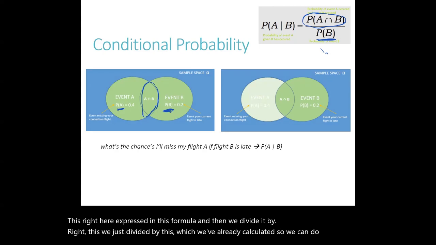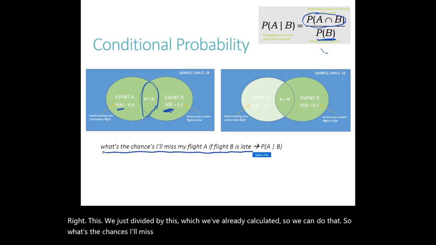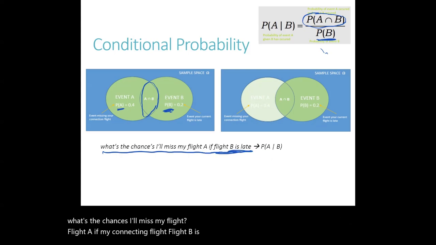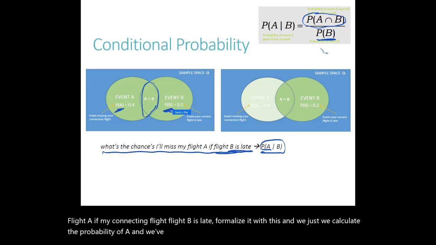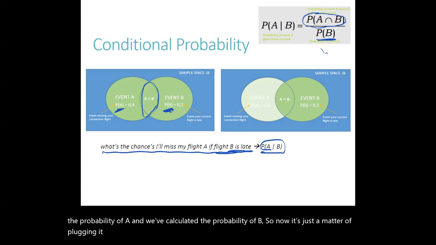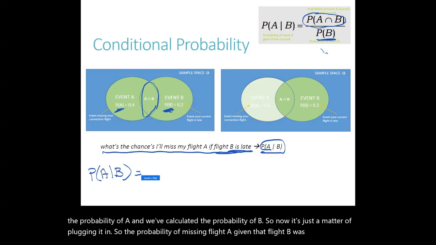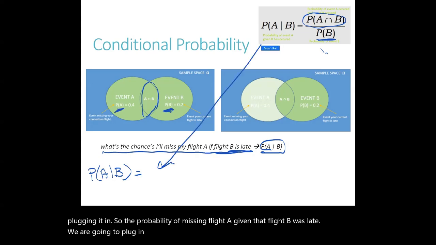So what's the chance I'll miss my flight A if my connecting flight B is late? Formalize it with this. We've calculated the probability of A and we've calculated the probability of B, so now it's just a matter of plugging it in. So the probability of missing flight A, given that flight B was late, we are going to plug into this formula here, and I will just go ahead and put in the numbers.